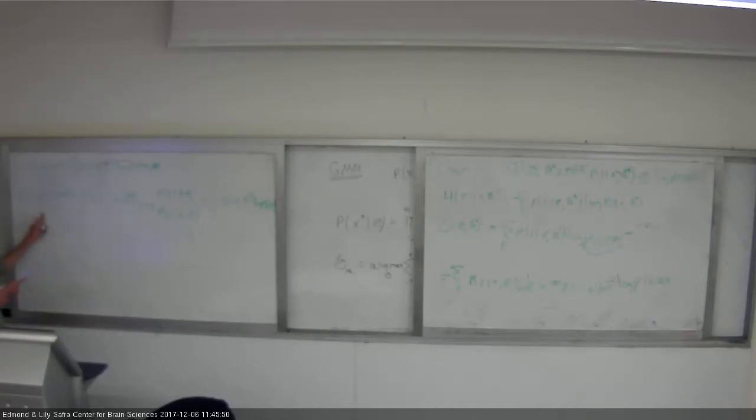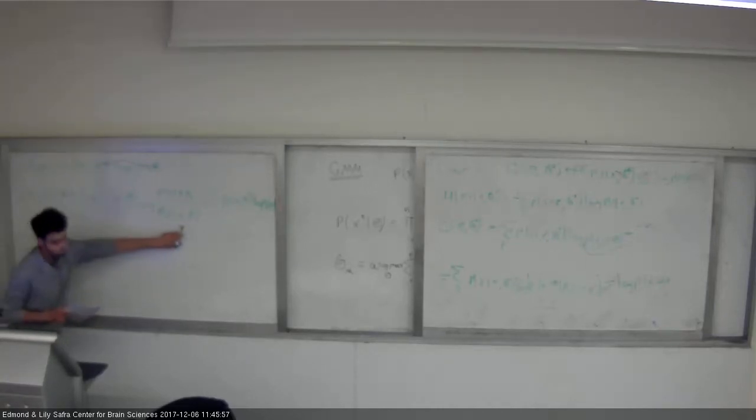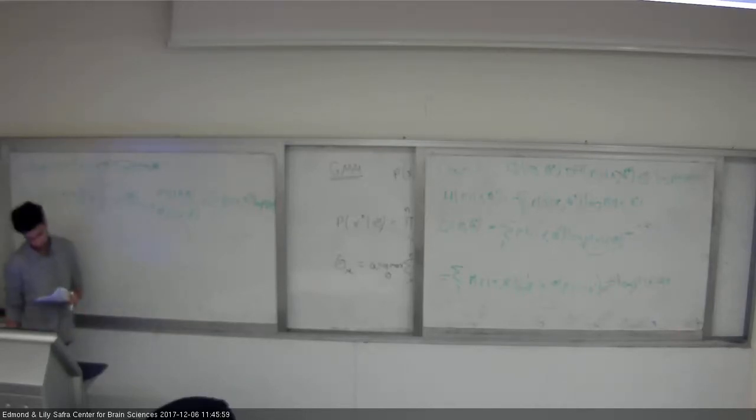Now, what is this term? This term is the likelihood. What is this term? It is the KL divergence between p of z given x and theta hat, and p of z given x and theta.